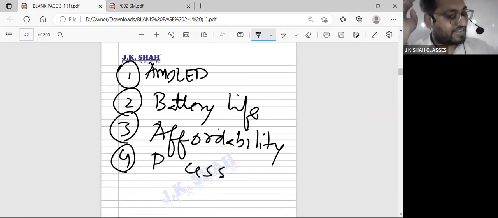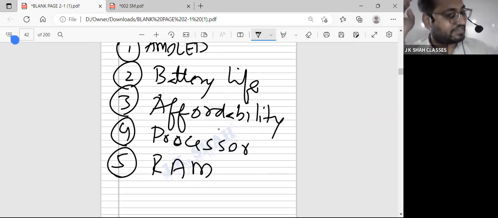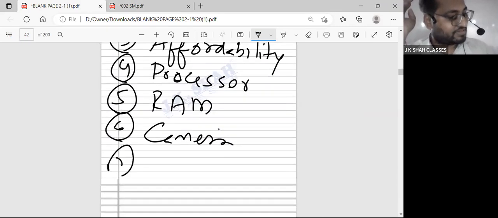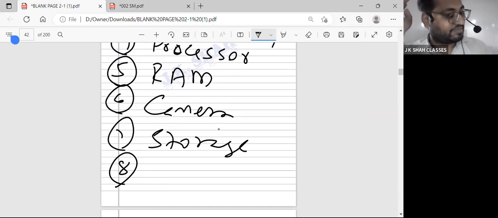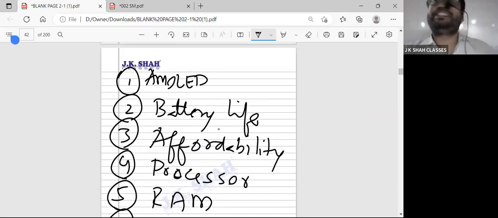Processor. I will write whatever I can think of quickly, then you tell me if I missed something. Eight points I have written. Look at this: AMOLED screen, especially for students who are into playing games.